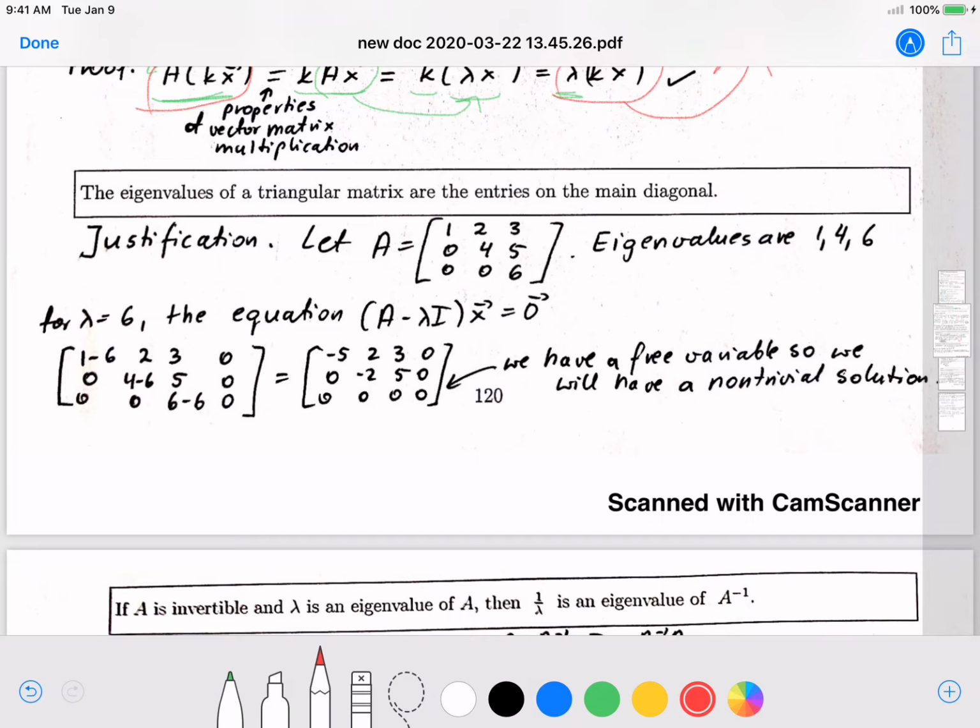All right. The eigenvalues of a triangular matrix are the entries on the main diagonal. The proof is a little bit more complicated, so we will just justify it so you can see how that works. If I take any triangular matrix, one that has formed the upper triangle, in that case it's called an upper triangular matrix.